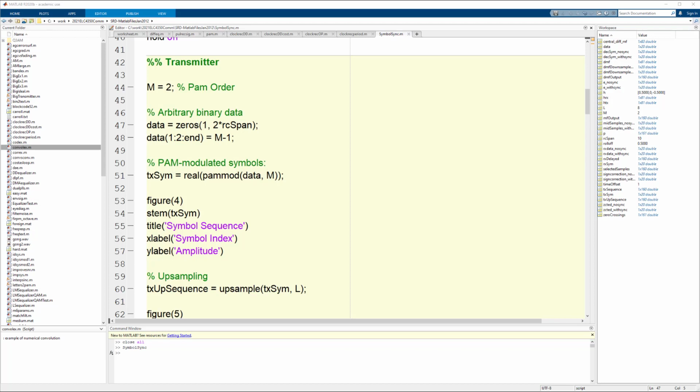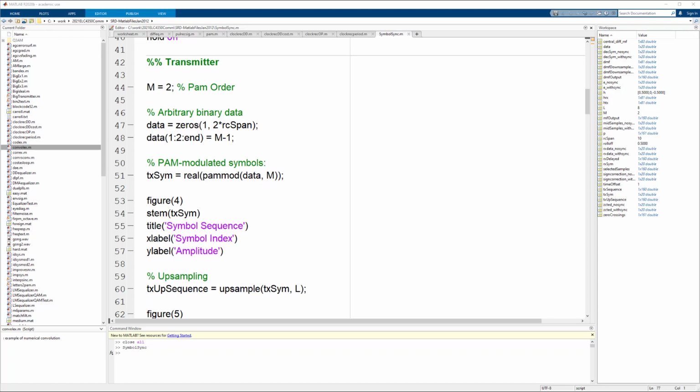Then we work on the symbols at the transmitter side. We are using a two-PAM modulation. On lines 47 and 48, we define the data. The data has a length of 2 times the raised cosine span plus 1, and the symbol sequence is a binary sequence.